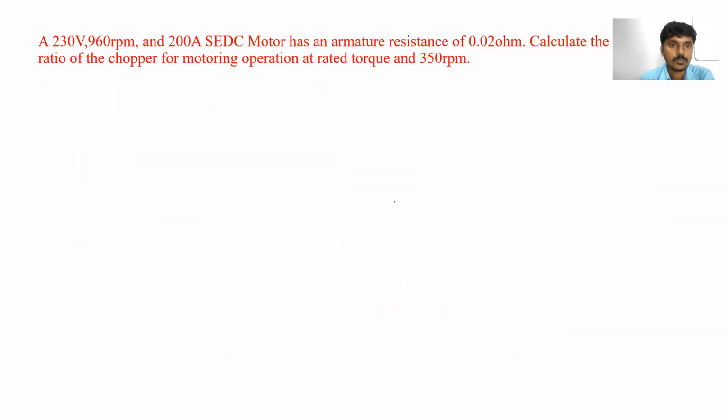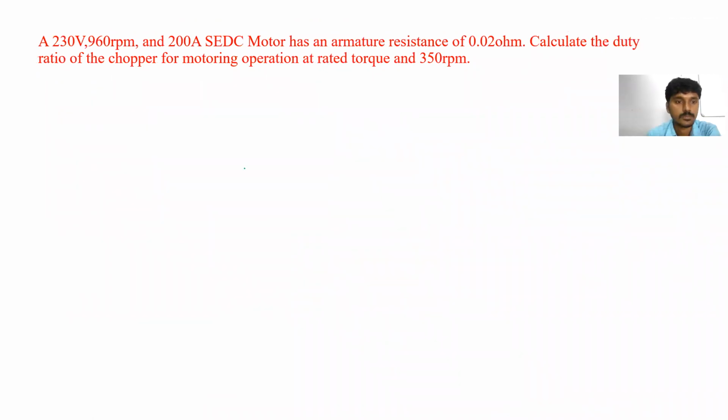Yes. Go for another example. Next numerical. A 230 volts, 960 RPM and 200 amperes separately excited DC motor has an armature resistance of 0.02 ohms.